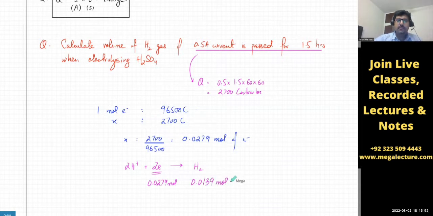So 0.0139 moles, and once you have those moles, you can just multiply by 24 dm cube to figure out the volume. वो बता दो क्या वॉल्यूम बनता है इसका.